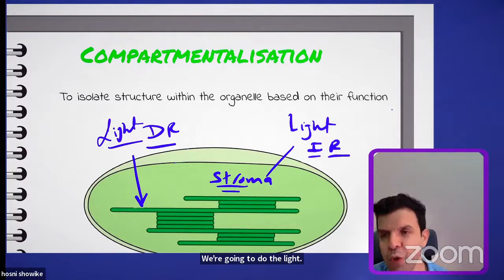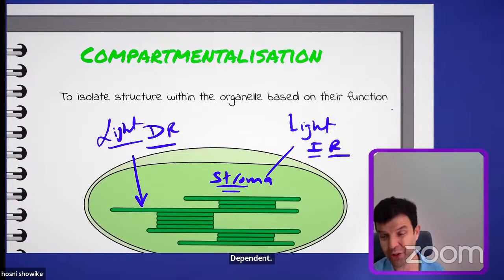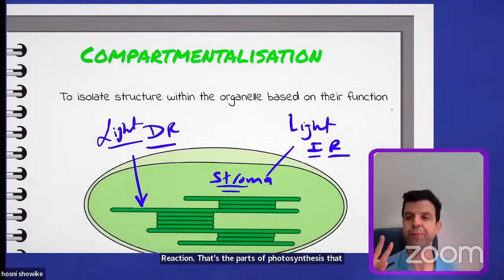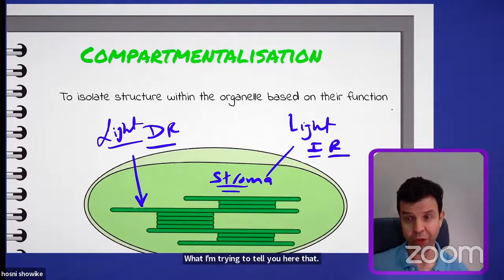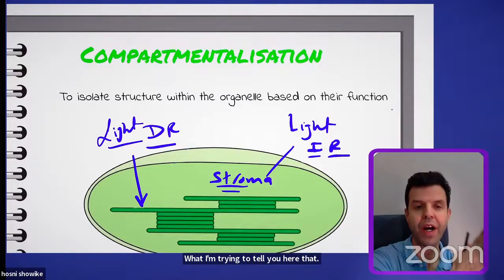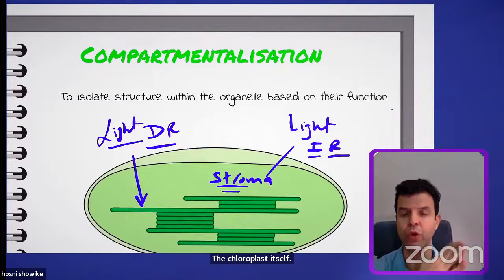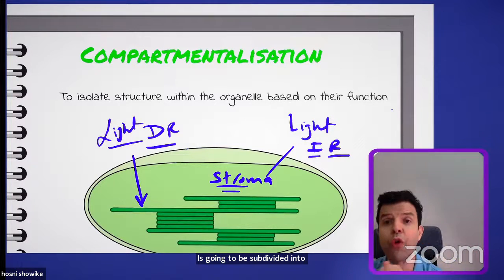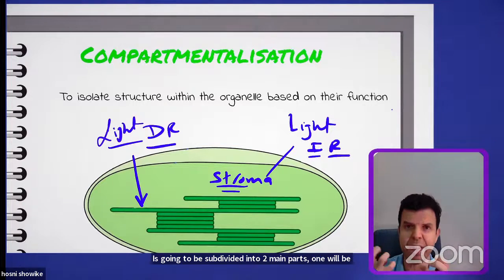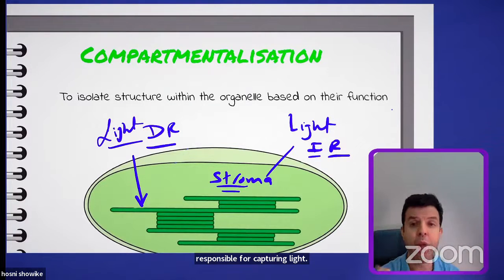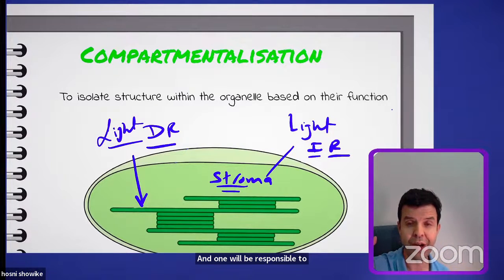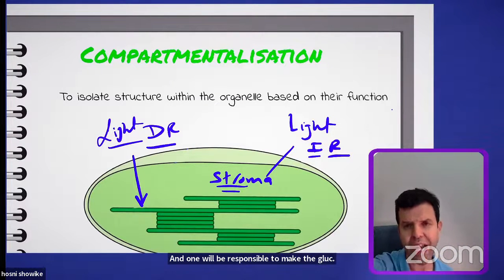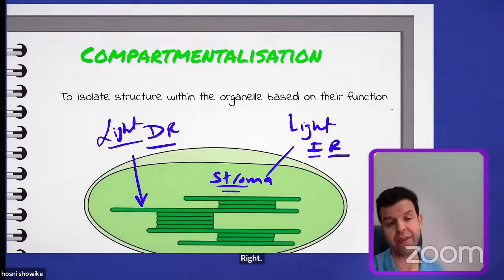That's the part of photosynthesis that only occurs during sunlight. So again, the chloroplast itself is subdivided into two main parts. One is responsible for capturing light. That's the part that has the chlorophyll. And one is responsible for making the glucose, right? Capture light in the thylakoid, make glucose in the stroma.